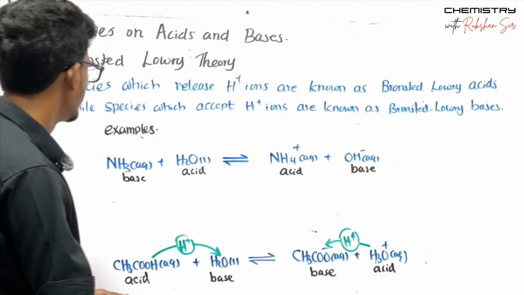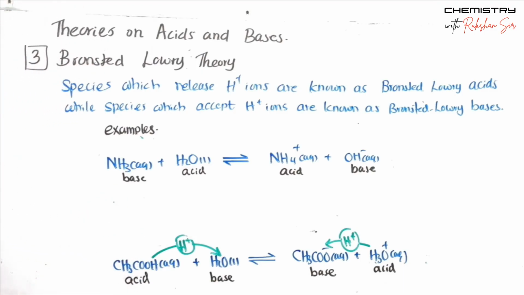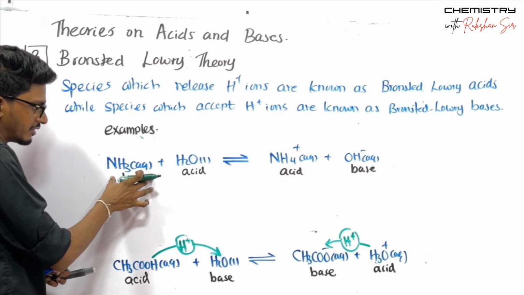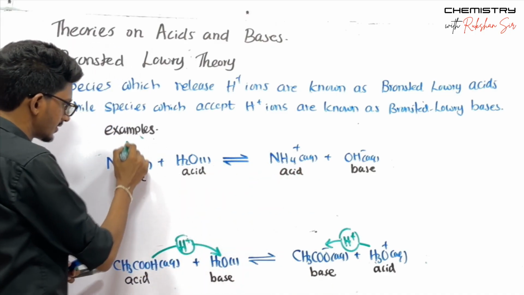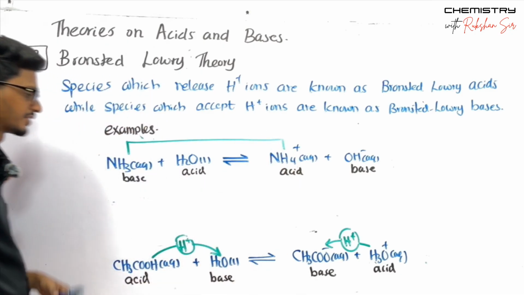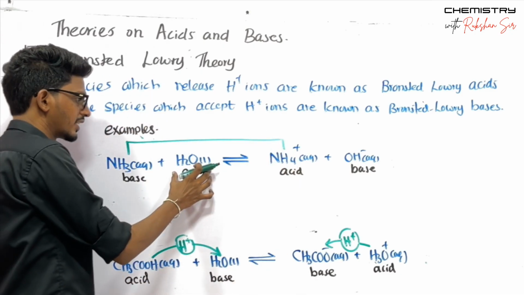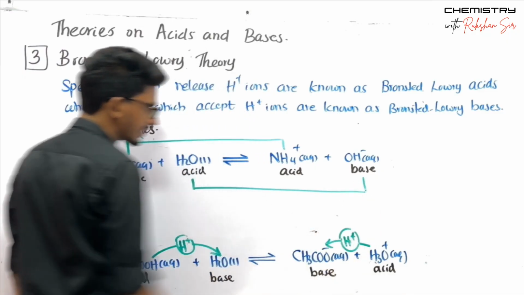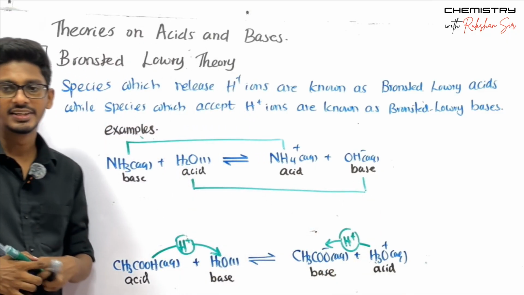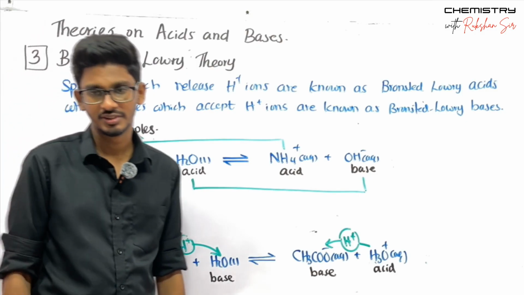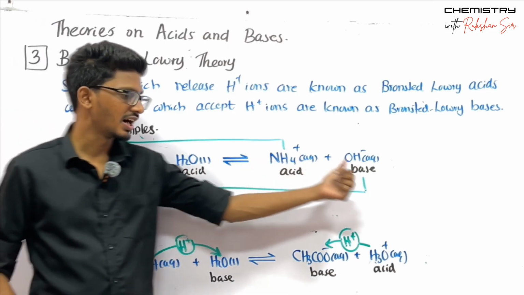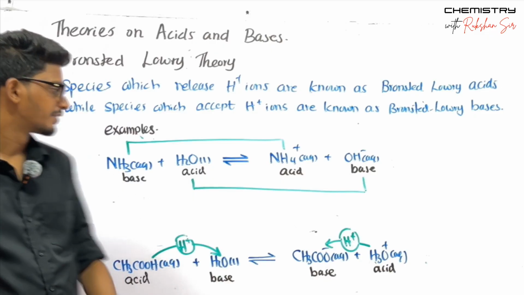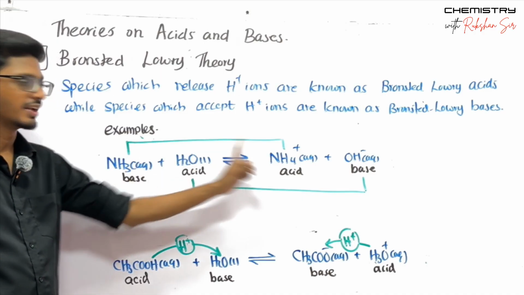Then we can pair these species like this. We can pair the base of the forward reaction with the acid of the reverse reaction. These are pairs. Acid of the forward reaction and the base of the reverse reaction, these are pairs. These are pairs with a difference of just one H+ ion.